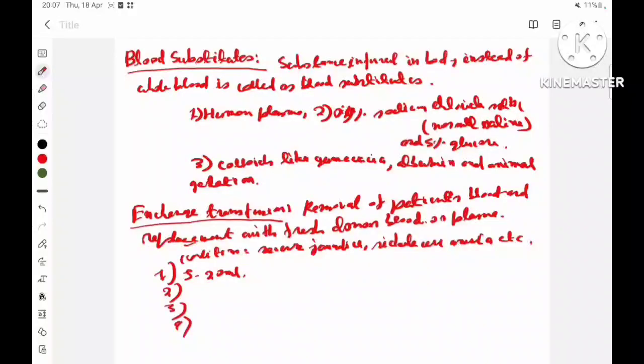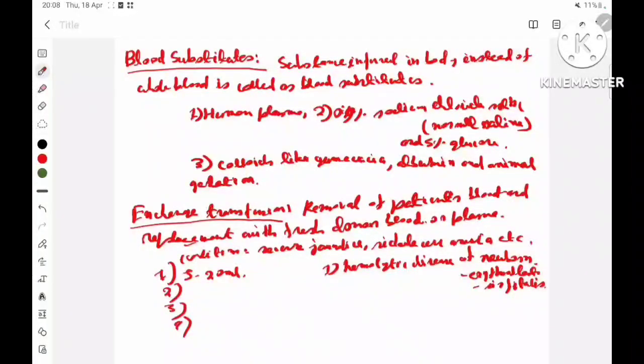Now there are certain conditions where we need exchange transfusion. For example, number 1, hemolytic disease of newborn, erythroblastosis fetalis.